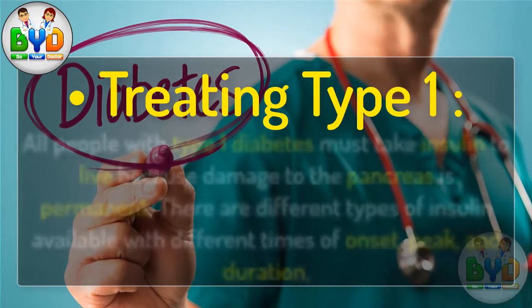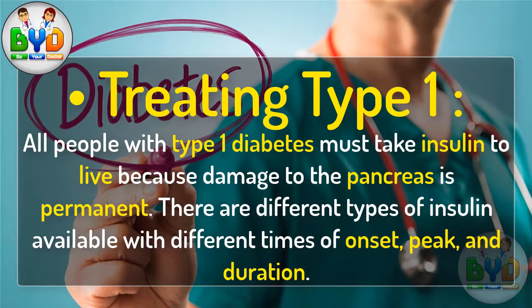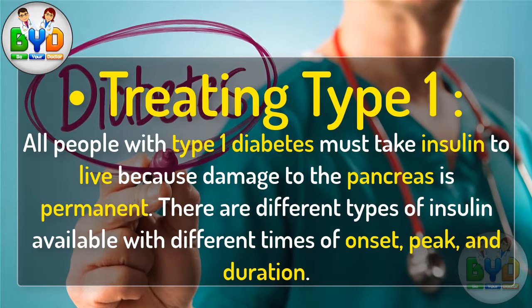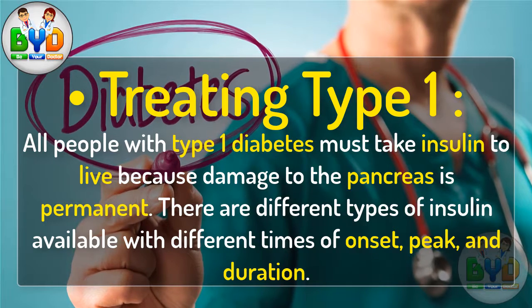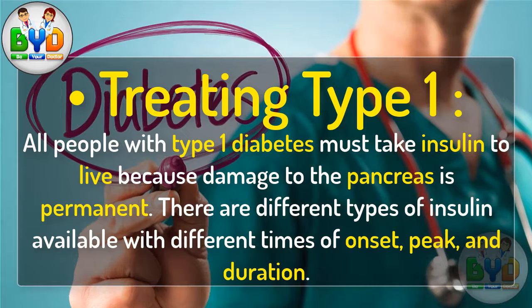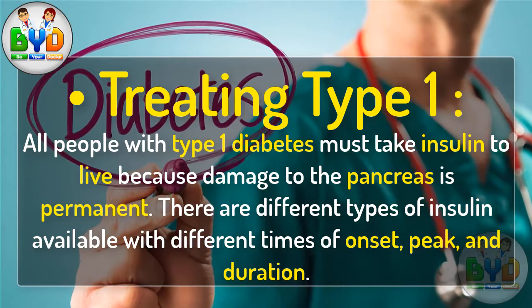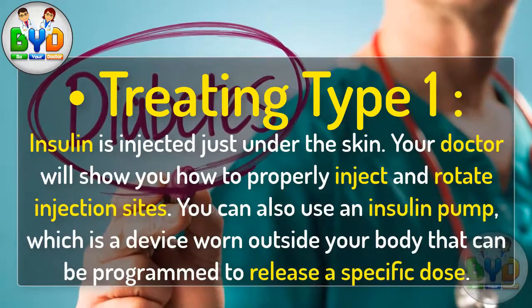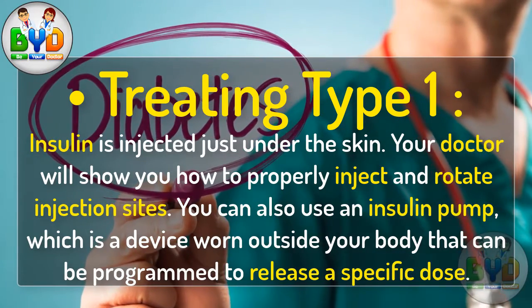Treating type 1. All people with type 1 diabetes must take insulin to live because damage to the pancreas is permanent. There are different types of insulin available with different times of onset, peak, and duration. Insulin is injected just under the skin.